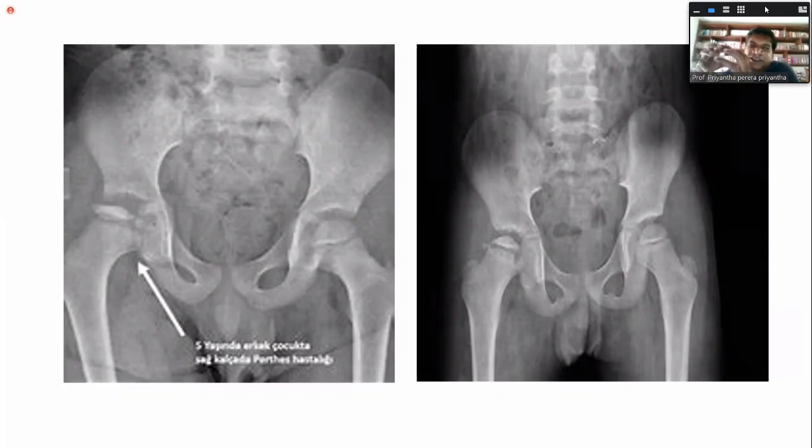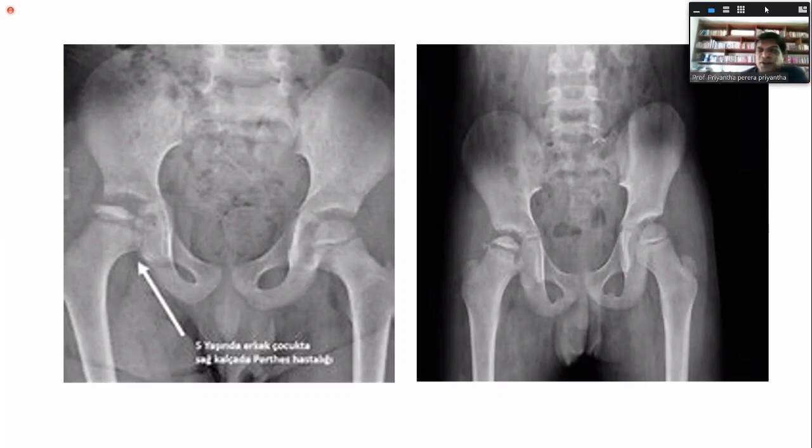And what will be the features? You can see here a flattened, crumpled, fragmented upper femoral epiphysis. The prognosis depends on how much of the femoral epiphysis is affected. If less than 50% of the epiphysis is affected, meaning more than 50% of the femoral head is spared, then there's a good prognosis.